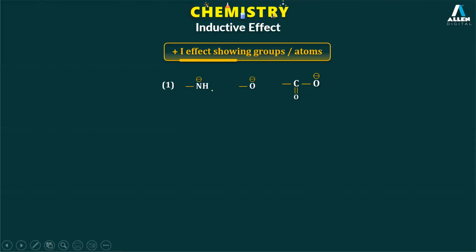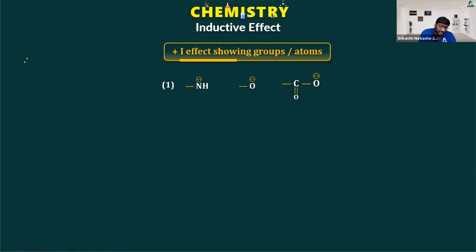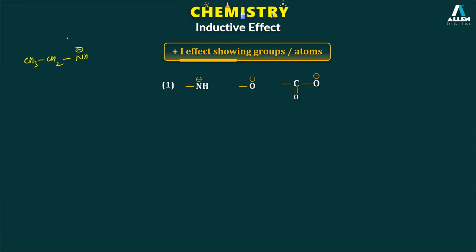NH minus. Why? Due to low electronegativity. Like this scenario, CH3, CH2, NH minus. So is it an electron donating group or electron withdrawing group? Electron donating group.